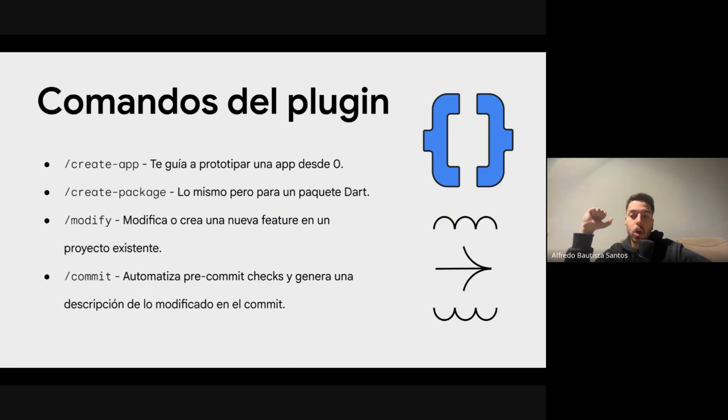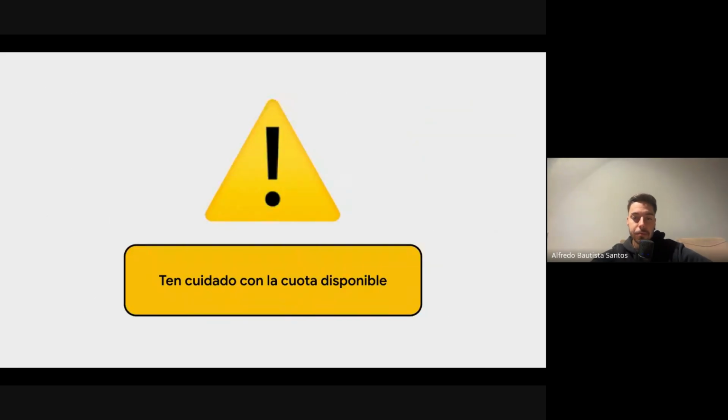And also /commit, the AI is going to check the current status of the repository. It will generate a commit message. It will, for example, run the analyzer to see if everything is fine before pushing, the linter, etc., etc.